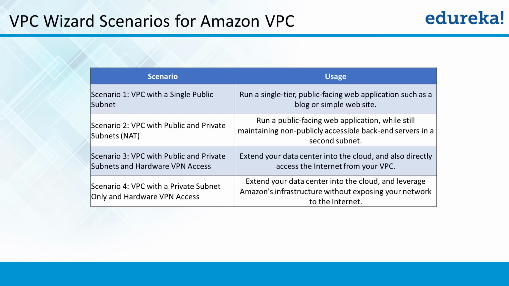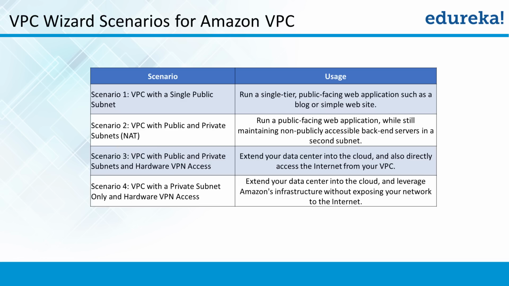Scenario 3 is quite similar to scenario 2, except there's a VPN connection. And scenario 4 is quite similar to scenario 1, where you have a VPC with a private subnet and a VPN connection to that private subnet. So scenarios 3 and 4 are mainly used for internal corporate applications which are accessed mainly from your corporate network, whereas scenarios 1 and 2 are used for more public-facing, internet-facing applications.